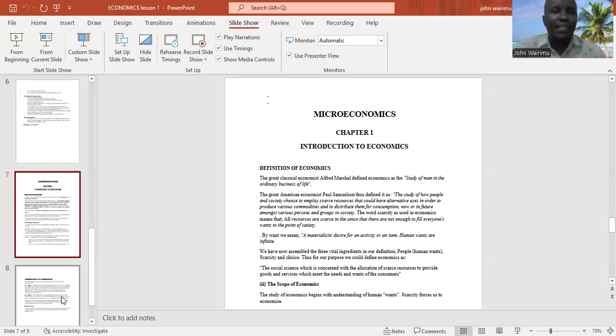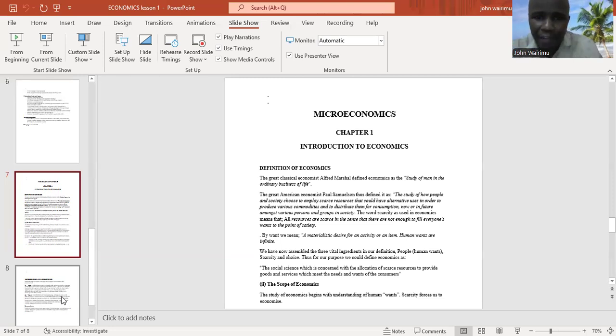You cannot say that there is one particular way to define economics. Somebody says when our economy improves, when the economy of the country does well. Each and every person will have his or her own view on what economics looks like. But we shall look at some of the scientists that have taken time to define economics.